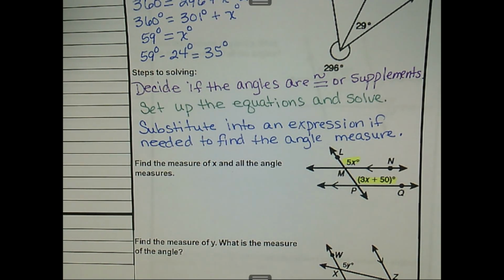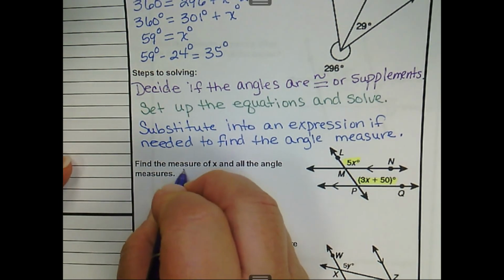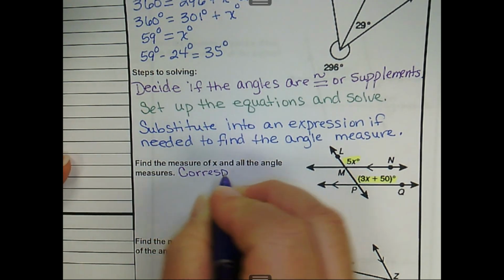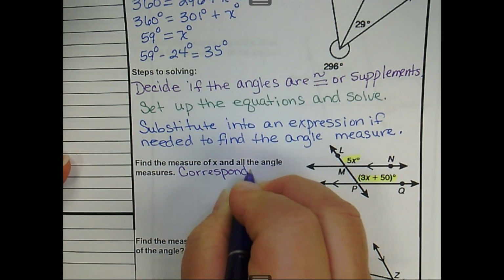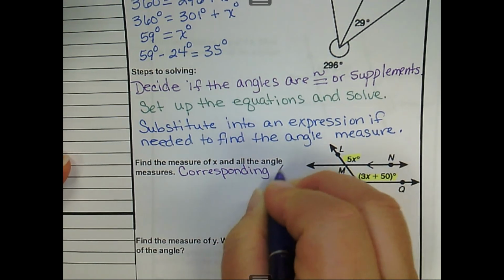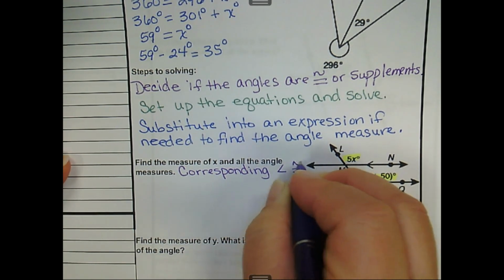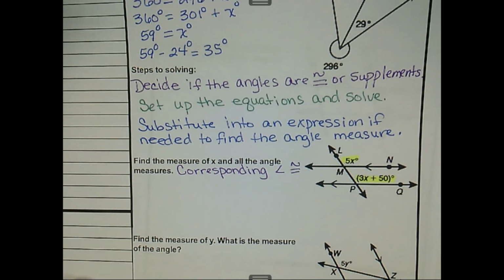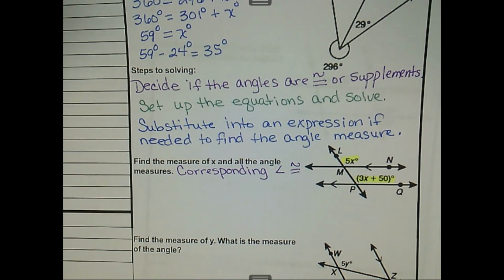Angles that are in the same position are what kind of angles? Corresponding is correct. And they are congruent. If they're congruent, they are equal to each other, and I set it up as such.